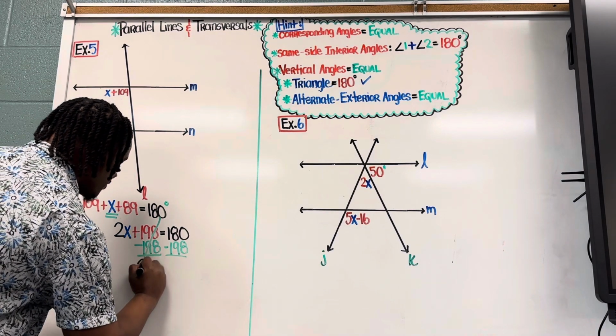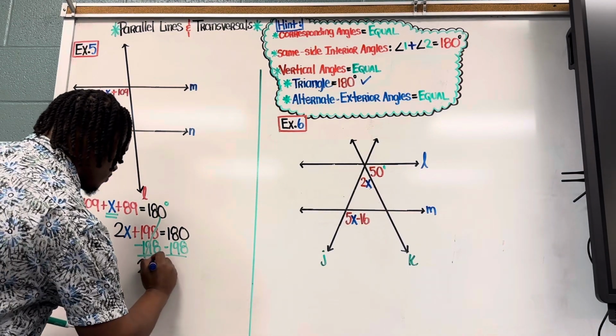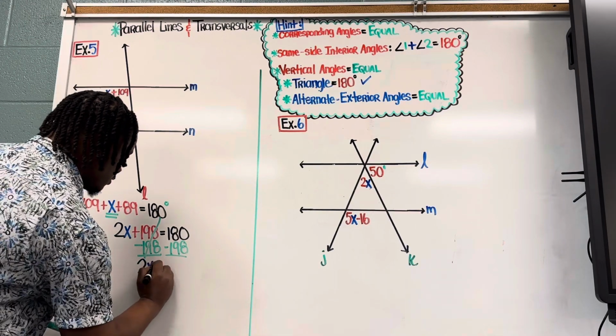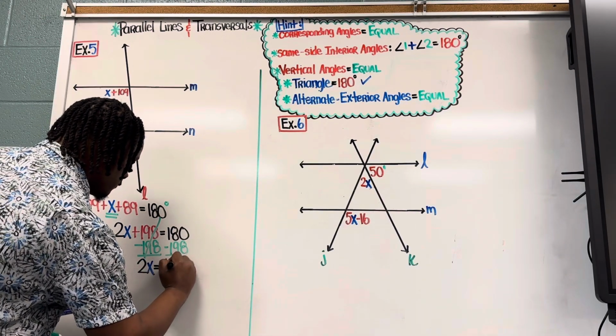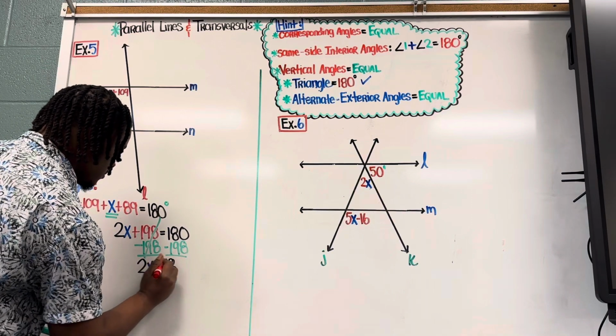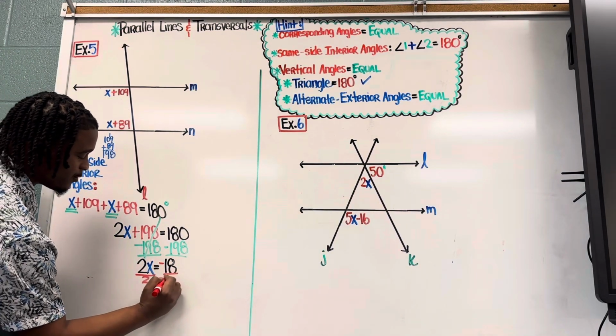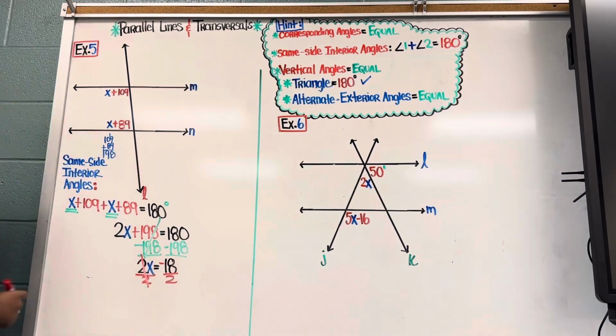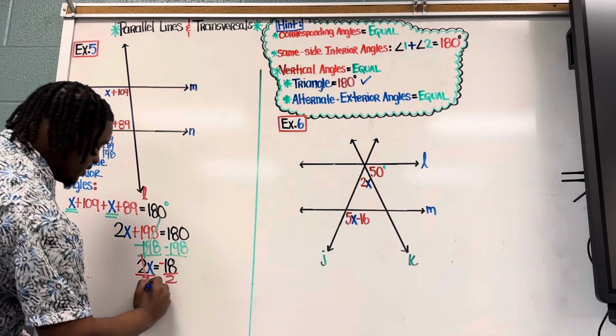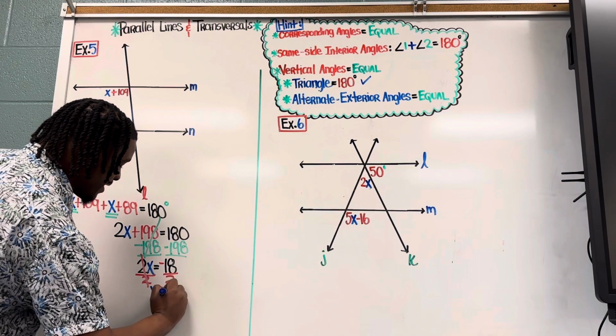So now we're going to have 2x equals negative 18. And then, of course, to find out the value of x, we got to divide both sides by the coefficient of 2. And negative 18 divided by 2 is negative 9.